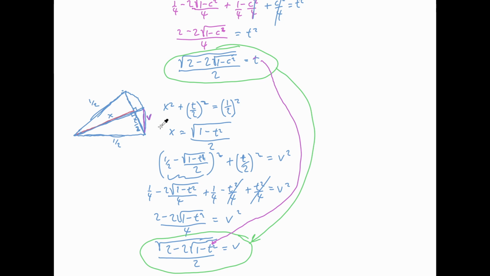And the perimeter here then is, because we got 16 sides, 16 times v, which is equal to 8 times the square root of 2 minus 2 times the square root of 1 minus t squared.